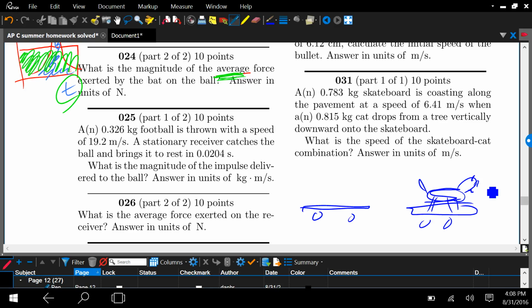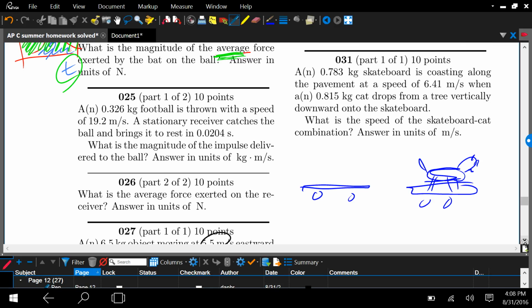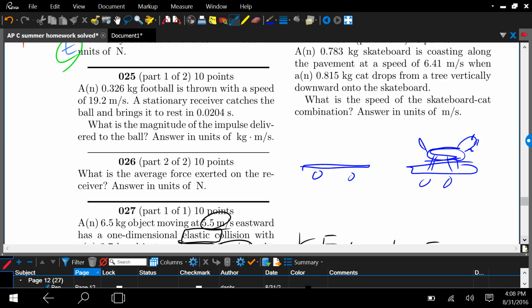The cat is going to cause the skateboard to slow down, because the skateboard is going to make the cat speed up, and the cat will have an equal opposite reaction, causing it to slow down. So we can take the momentum that is there before the collision occurs, mass of skateboard times speed of skateboard. It's a pretty fast skateboard there.